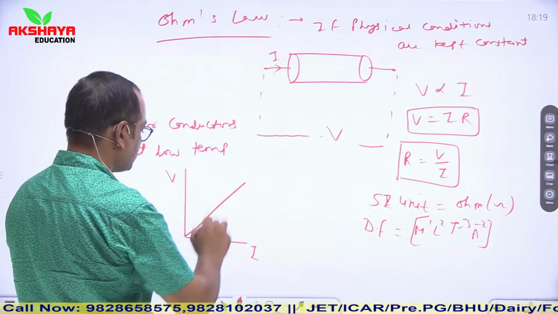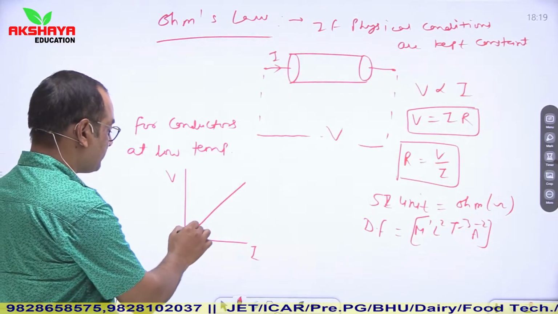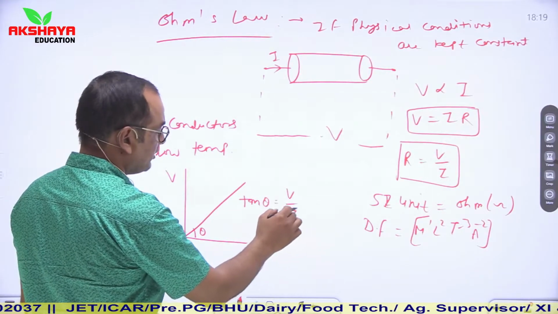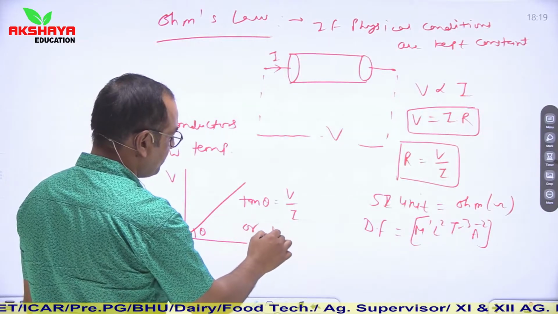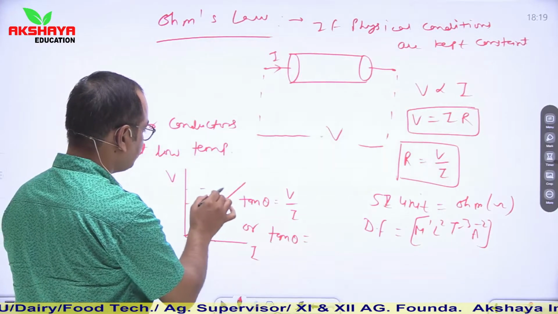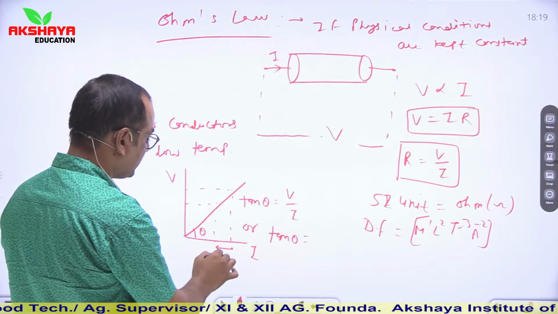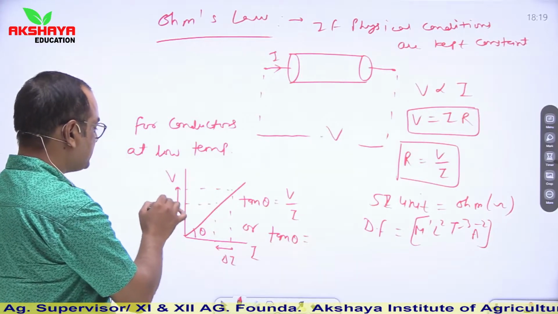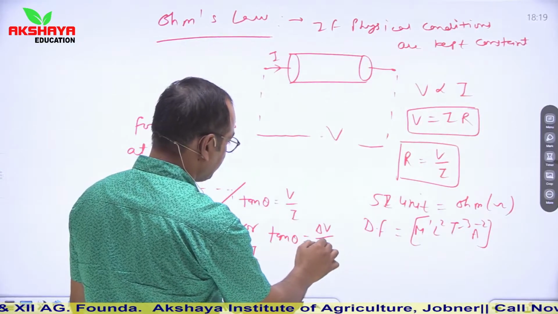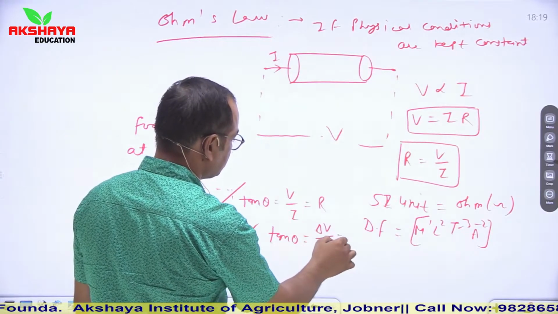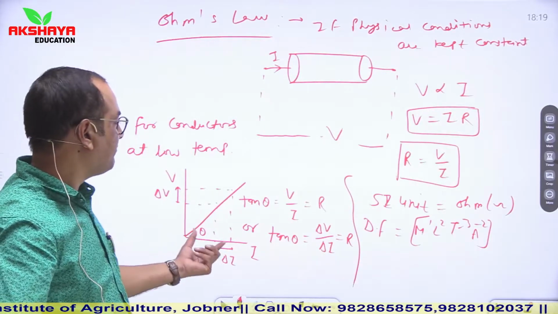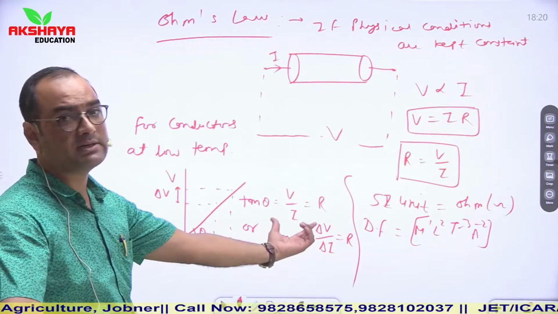It means V is proportional to I here, and slope of this graph is equal to V upon I. If we find change, let us say change in electric current is del I and change in potential difference is del V, then we can also say that its slope is del V upon del I, which is equal to resistance. So we can say that slope of the VI graph for conductors at low temperatures represents resistance.